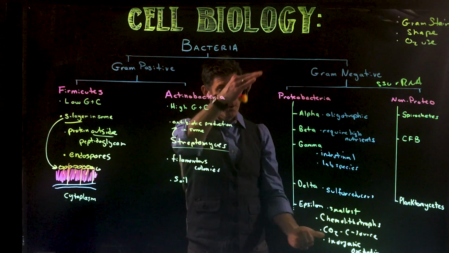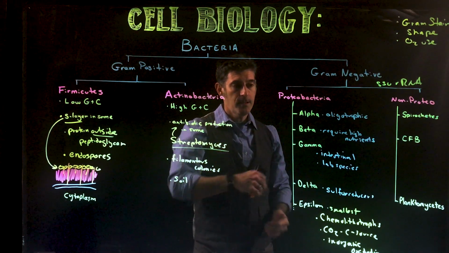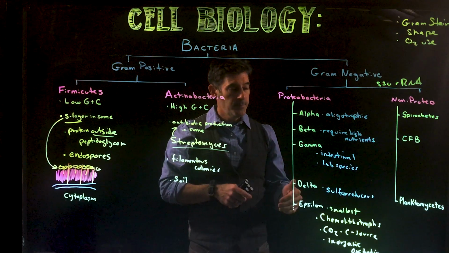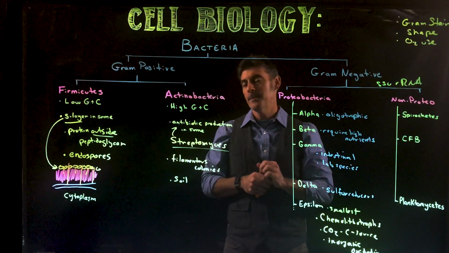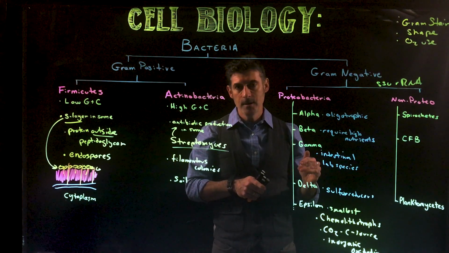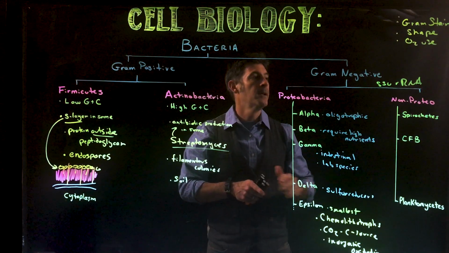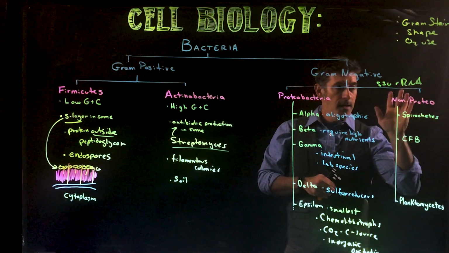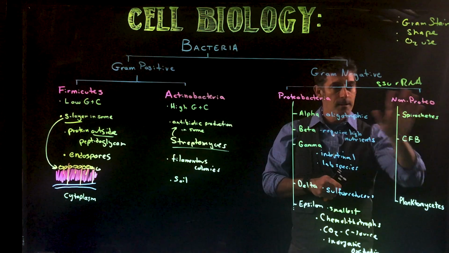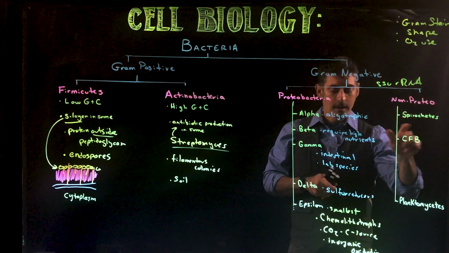The largest group of gram-negative bacteria are called proteobacteria, and they're broken down into these subgroups: alpha, beta, gamma, delta, epsilon. So just be familiar with those, something where you could identify one or two key things about each of them that might make the group unique or different. Now we go into the non-proteobacteria, which I said are here because they're just genetically different and unique.